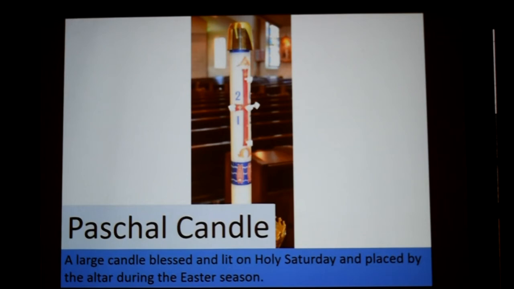And then there's the date, because Jesus is the Lord of all time. And then there are 5 little pins that stick into the candle. And inside of these pins, it's like a wax covering. Inside the wax covering are 5 grains of incense, and they represent the 5 wounds of Christ. So the candle is blessed on the Easter Vigil, because it is by the wounds of Christ that we were saved.